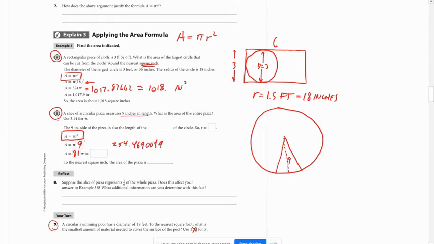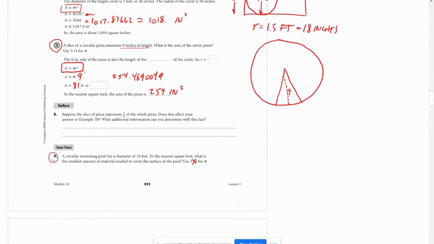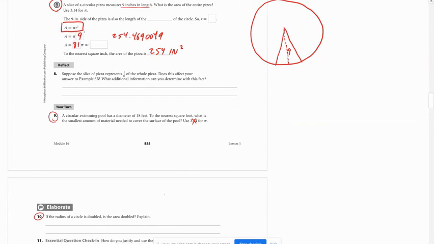It doesn't say what to round to, so to the nearest square inch, that's going to be about 254 square inches. Okay, so area is pi times radius squared.